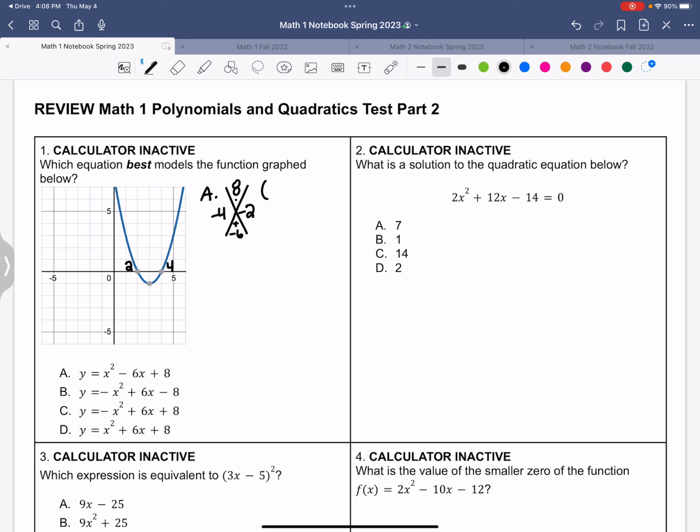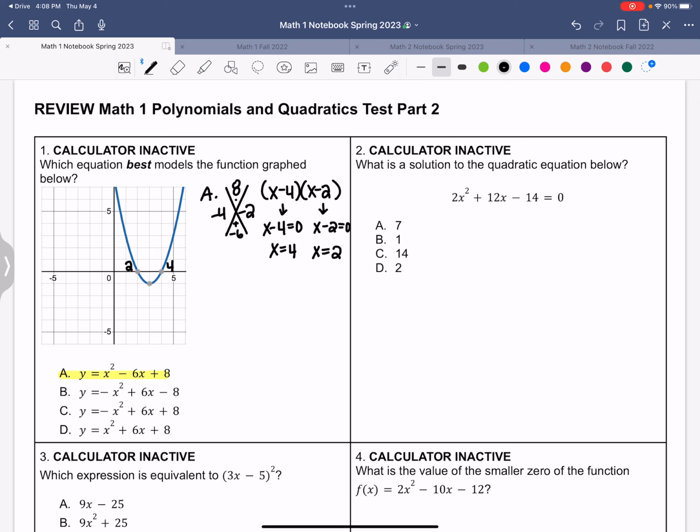So if we factor that, x minus 4, x minus 2, set them both equal to 0, then solve for x. So in this one, x equals +4, x equals +2. It just so happens that A is the one we're looking for here. Keep in mind that for the calculator inactive problems, you must show your work to receive credit for those.